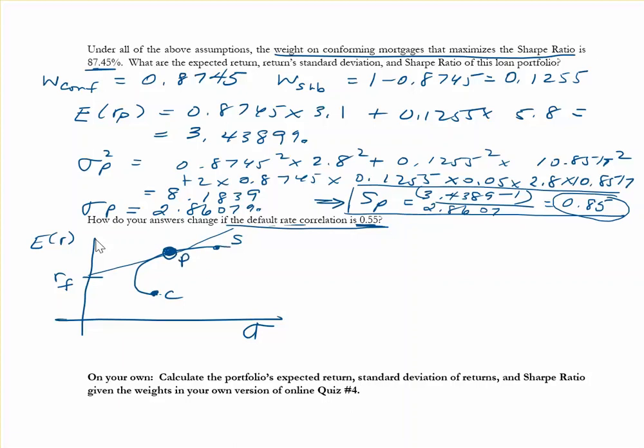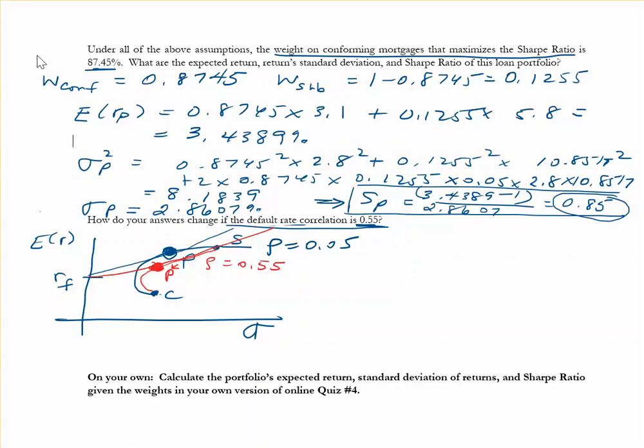Now this is the line assuming that correlation is 0.05. Now, if the true correlation were something higher, like 0.55, then the portfolio that would maximize it would be different. I'm not drawing it super terrifically there. And we would have selected probably more of the conforming mortgages and less of the subprime.